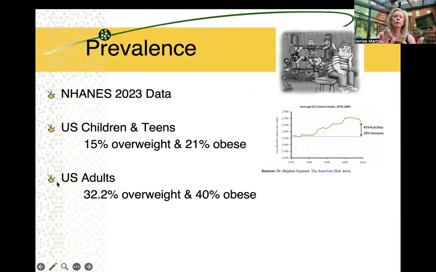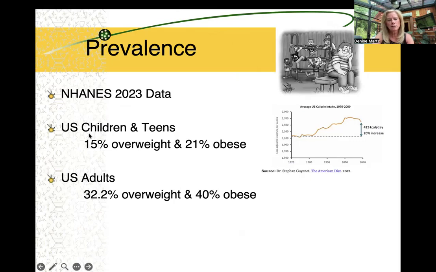Okay. When we look at prevalence, the latest survey is NHANES, the National Health and Nutrition Examination Survey, conducted by the federal government on a regular basis, and it tracks all kinds of different things relative to nutrition.